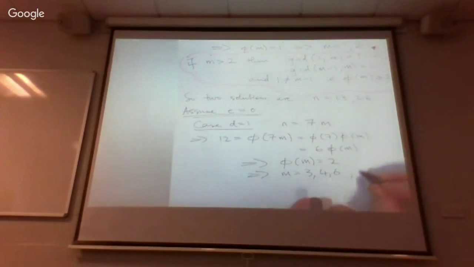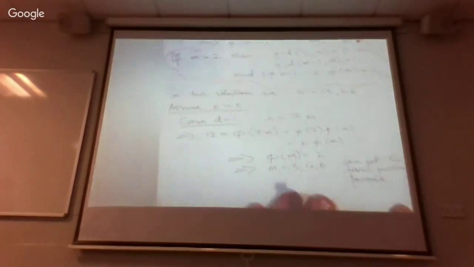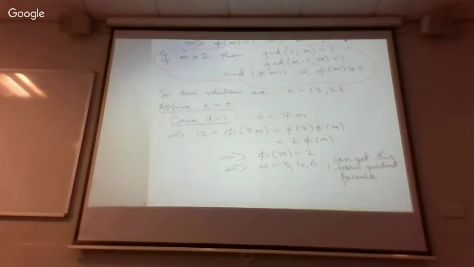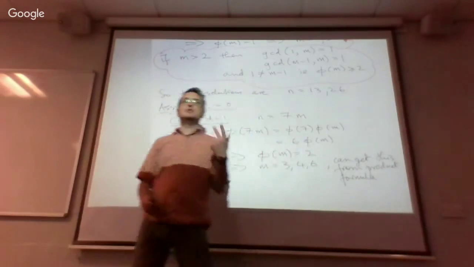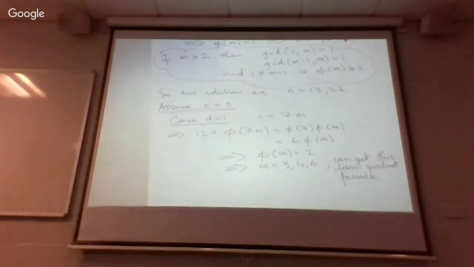You can get this from the product formula. Study the product formula and think, well, how can the product formula equal 2? Well, that's a very restrictive case. Only for these cases, 3, 4, and 6. Any number higher than that is going to produce a phi value bigger than 2.